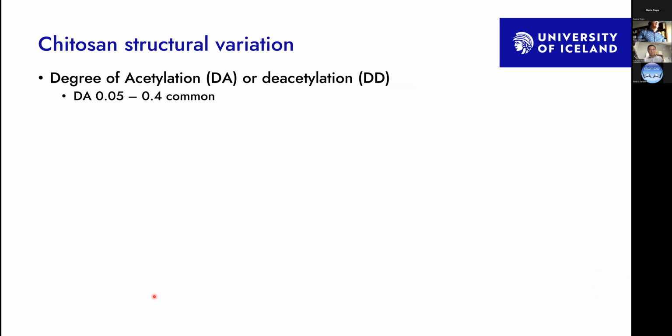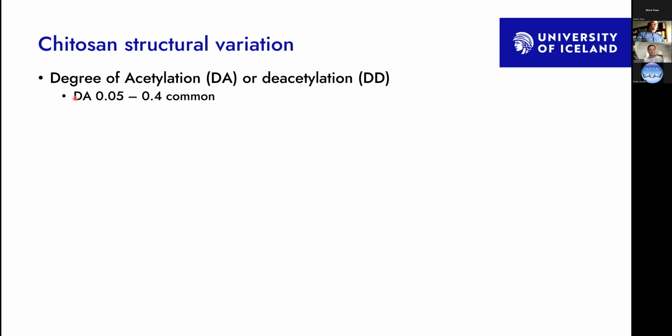So yeah, when we think about chitosan, we have to think about the structure and what we have to know about the structure of the material that we're investigating. There are two parameters that are very important to always report. One is the degree of acetylation, or sometimes it's given as the reverse, the degree of deacetylation, because chitosan is obtained from chitin, so then you like to say deacetylation.